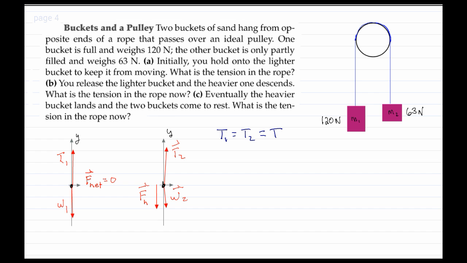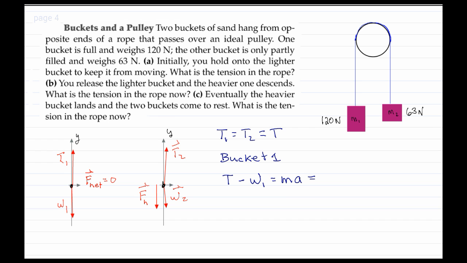And let's look at bucket 1. I'm going to apply Newton's second law to bucket number 1. Newton's second law says your net force is equal to mass times acceleration. So our forces are all in the y direction, so we can write the y components as T, the tension, minus the weight, and that's equal to mass times acceleration.